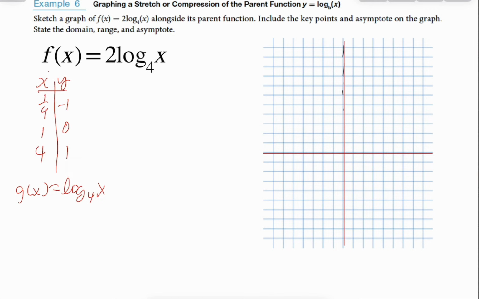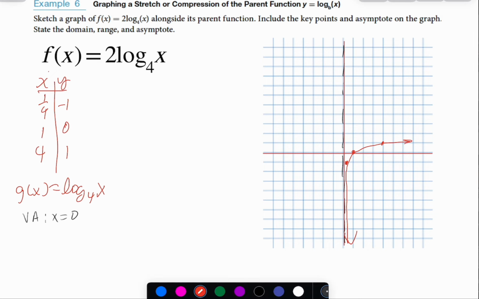Your vertical asymptote is at 0. My points: 1/4 is down at -1, 1 is at 0, 4 is at 1. It's down just a little bit further than our log base 3 graph would be.